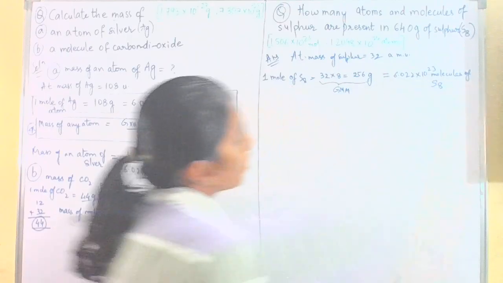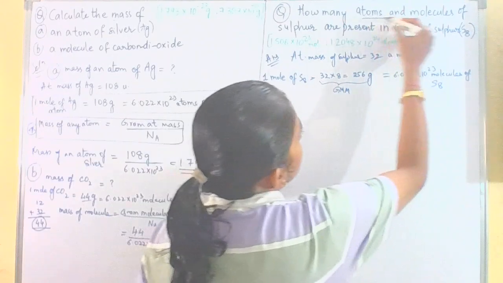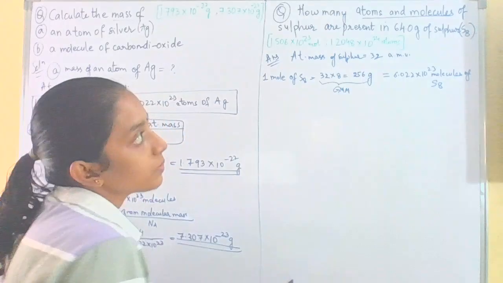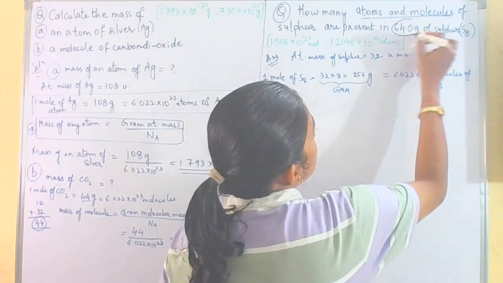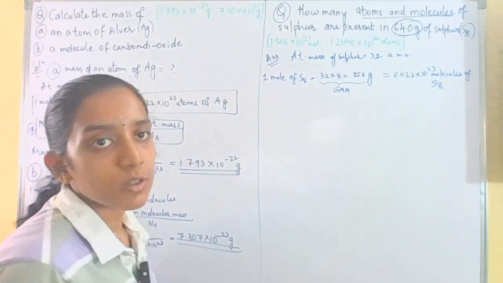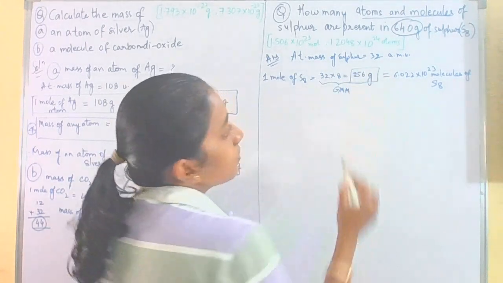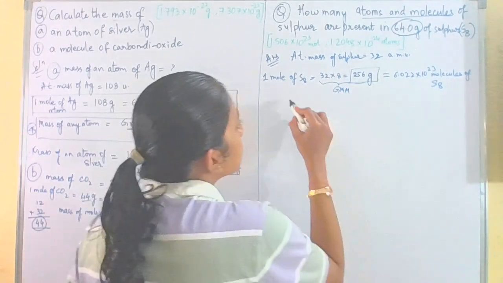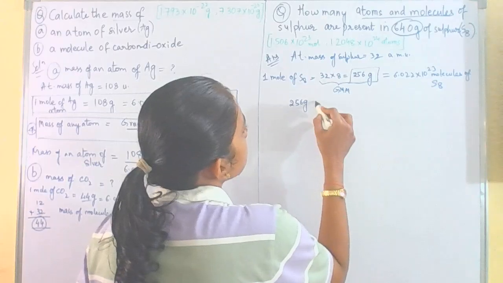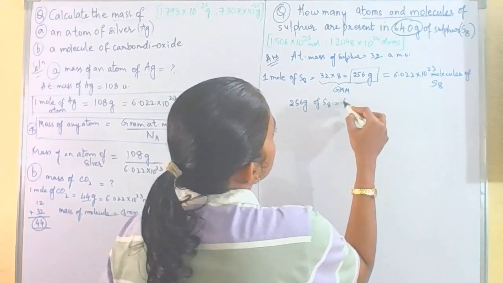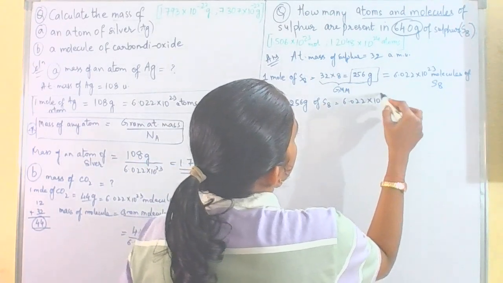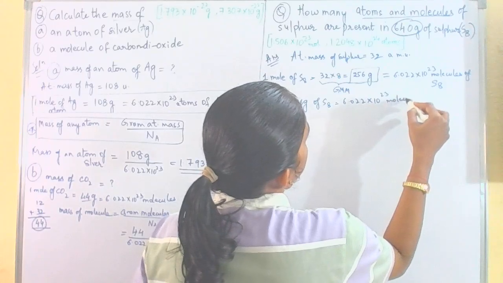S8 sulfur molecule. Now they are asking us to find the number of atoms and number of molecules present in, this is the main important thing, 64 grams of sulfur. In 1 mole of S8 we have 256 grams. 256 grams of S8 contains 6.022 into 10 to the power 23 molecules of S8.